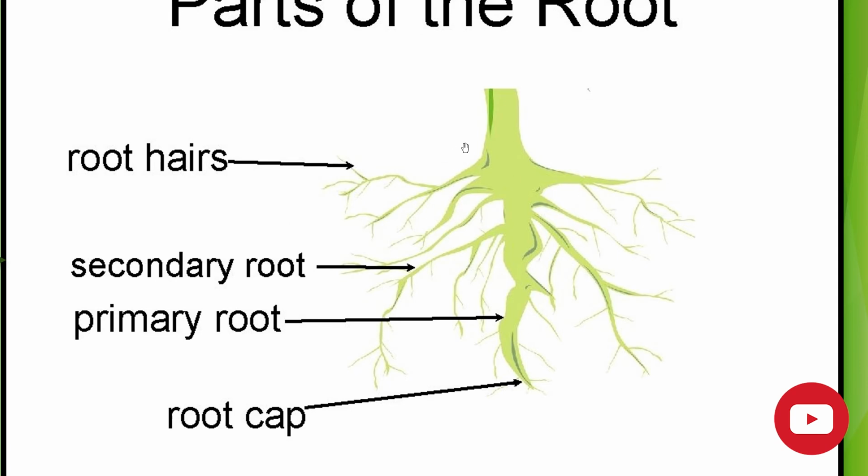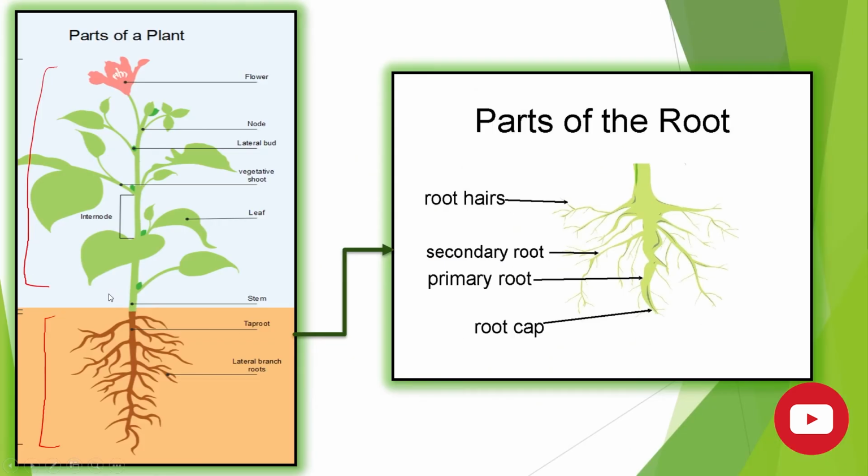It has a primary root, a root cap, secondary roots, and then root hairs. From this diagram we can conclude at least one thing, that the root hairs are very tiny hair-like structures, right?